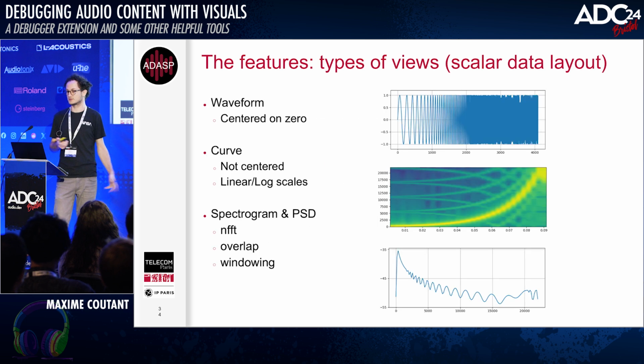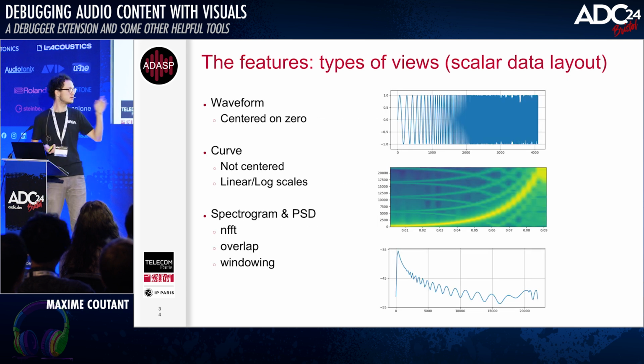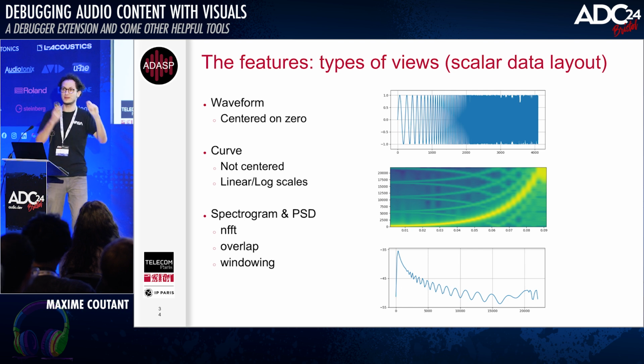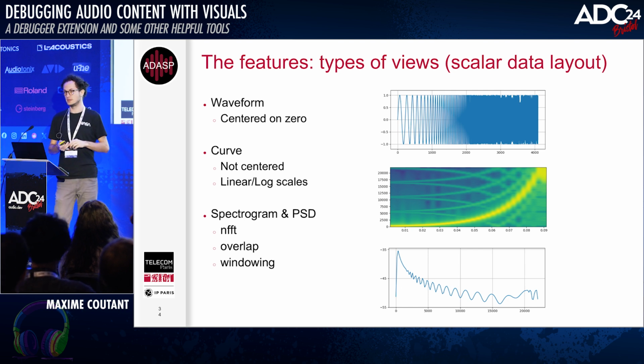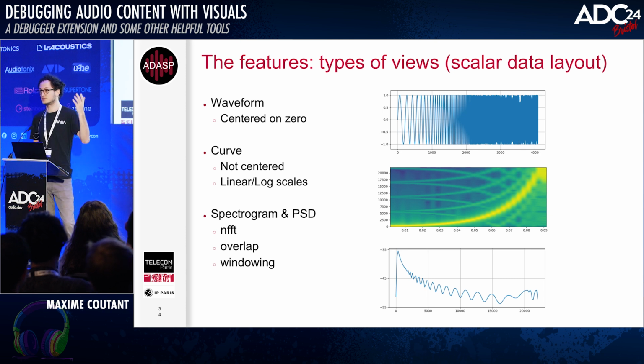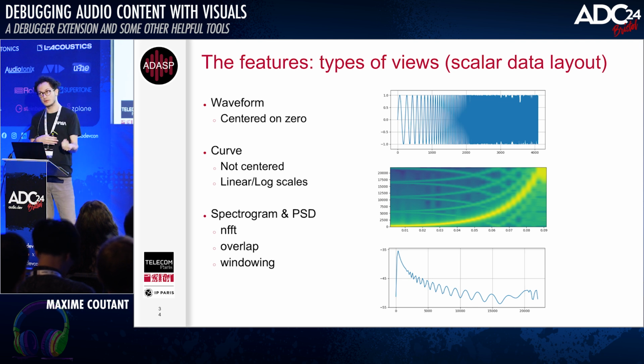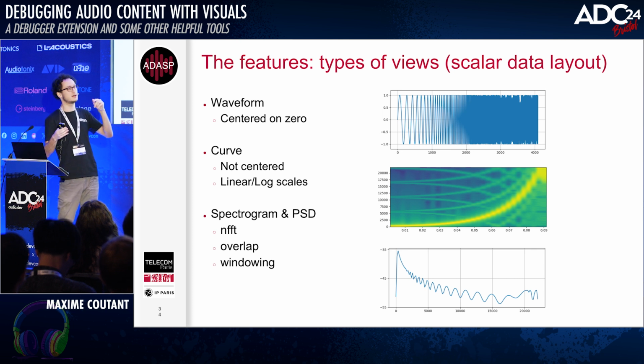So let's talk about views. Here are all the views that are available when you have a real layout. By real, I mean scalar values, not complex. You have the most basic one, the waveform rendering, which simply plots the amplitude and is centered vertically on 0. Then you have the curve rendering, which is like the waveform, but not centered on 0 vertically, and you could apply log scale on both the Y and X axes.